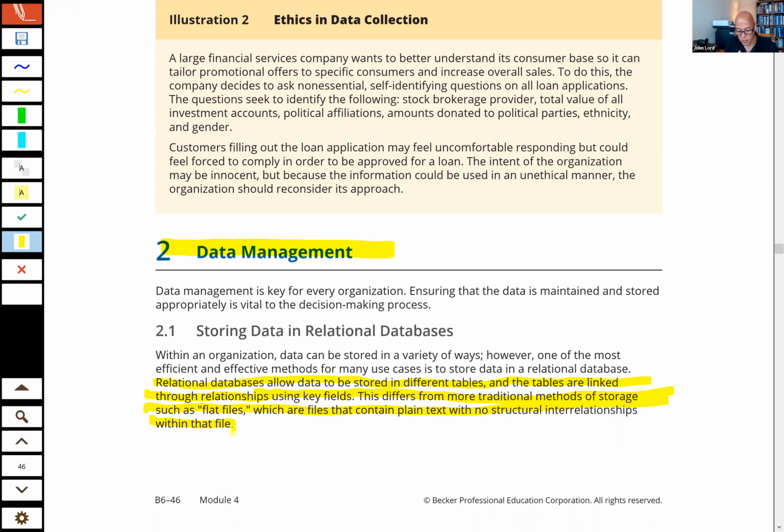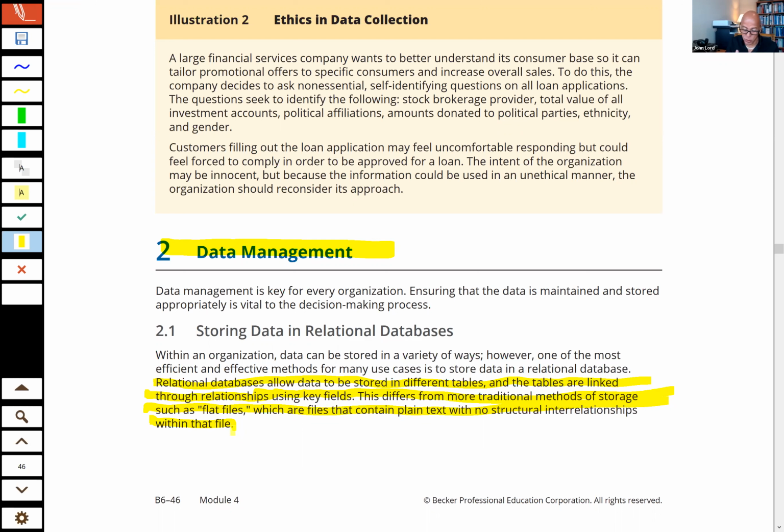Now, as an auditor, what we would always do is request from a client, say a federal agency, when I worked for the Government Accountability Office, we would always request the data in a flat file, and then we would put it into the relational databases so we could do the different analysis that we want.